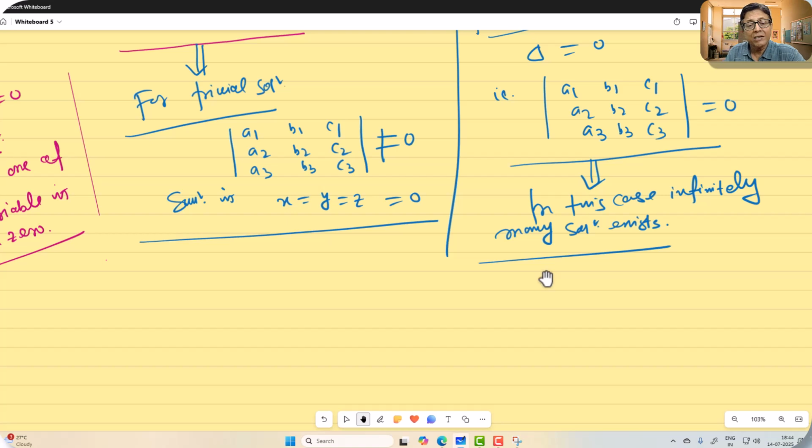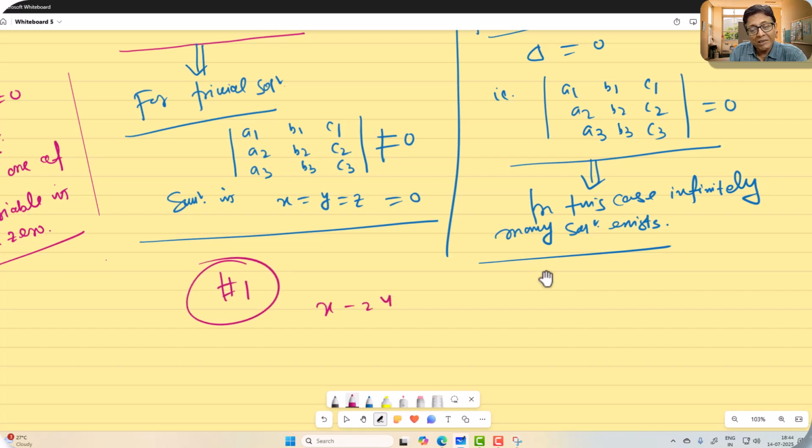Let us take these two examples. Example 1: x minus 2y plus 3z equal to 0, 2x plus y plus 7z equal to 0, and x plus y minus z equal to 0.